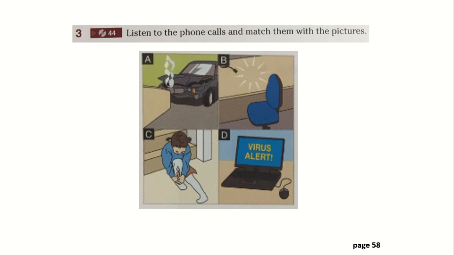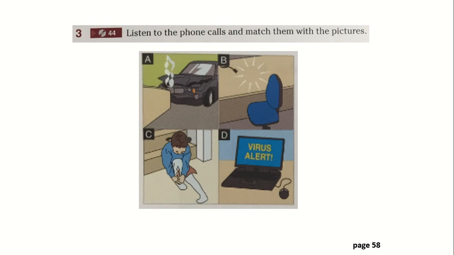I've lost all my data. Call number 3. Emergency? Which service? I need an ambulance, quickly. What's happened? It's my daughter. She's fallen down some stairs. She's cut her leg. Call number 4. Crash recovery, how can I help you? Oh, hello. Yes. I've had an accident. I've driven my car into a bridge.